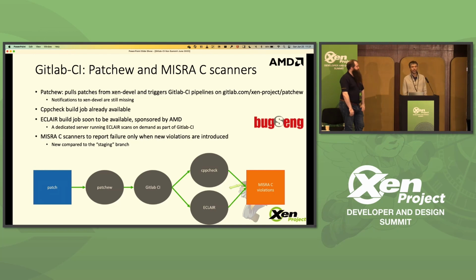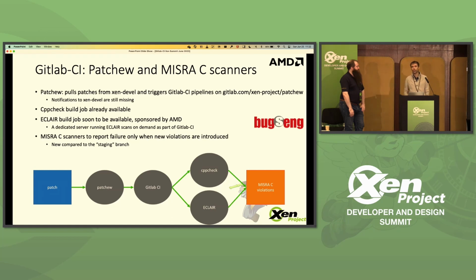What we have today is CPPcheck. CPPcheck is an open source MISRA C scanner. It's very limited in all honesty, but it's also open source, and you can install it on Debian or whatever your favorite distro is. You can install CPPcheck and run the scan yourself. We already have a CPPcheck job, but we are also working closely with Xen.